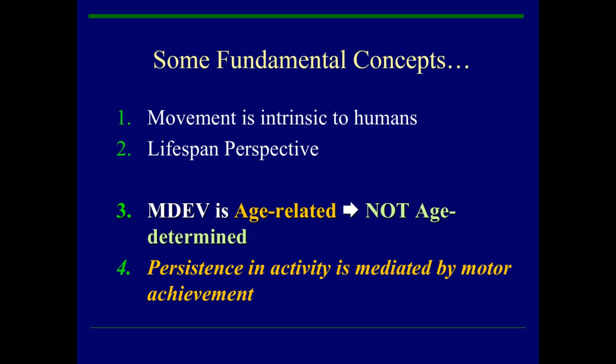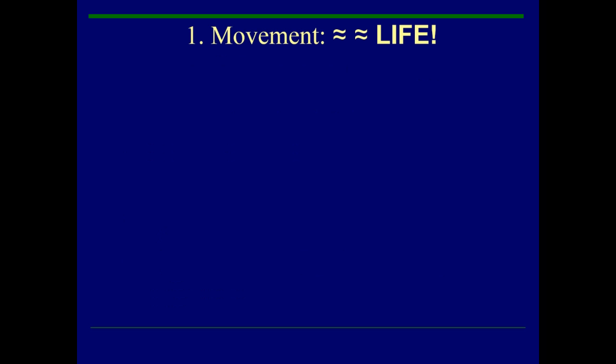Fourth and final concept, motor skills and achievements influence how and why we persist in an activity, exercise, or sport throughout our lives. Our ability to adhere to these is in part a function of how skillful we are. Each of these will be demonstrated in the following slides. So let's begin with number one.